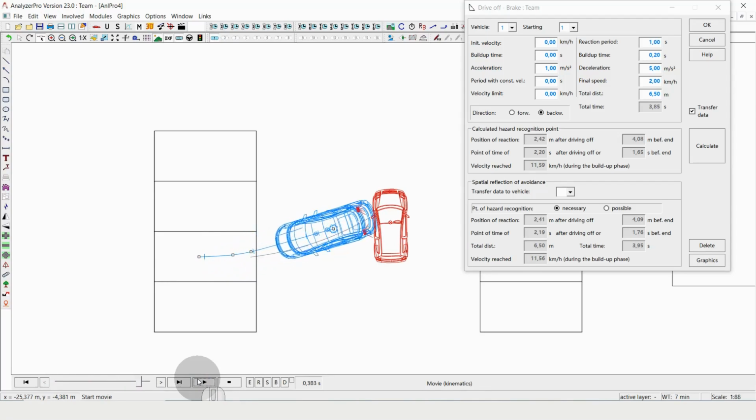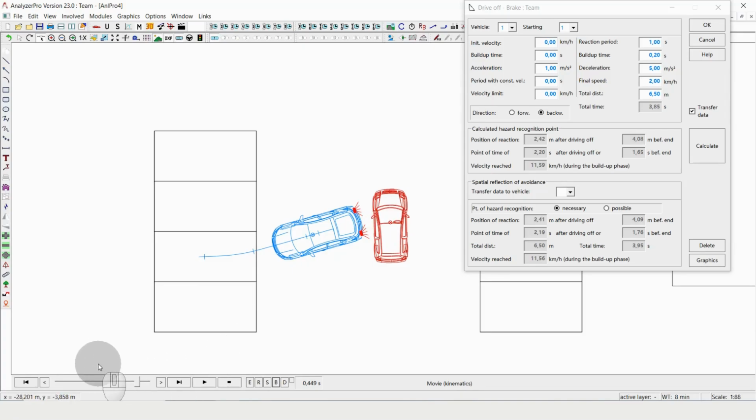We can now check, okay, where's the reaction point? Oh, he was exactly here. Where did he start to brake? Oh, that was only shortly before the crash. And so on and so on. Of course, let me remove this one so it doesn't disturb you.